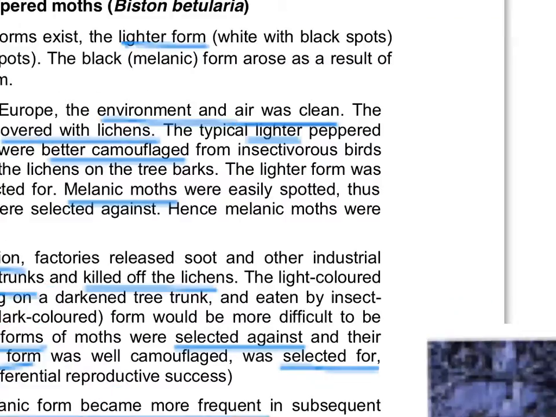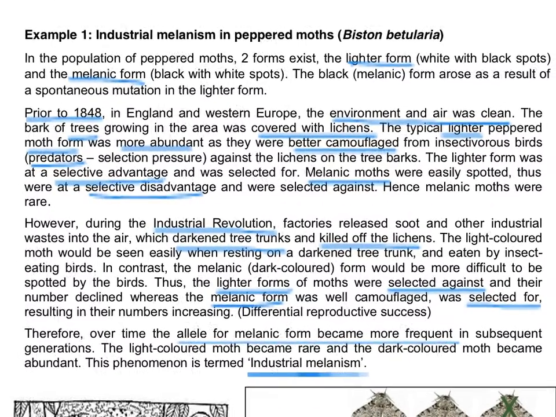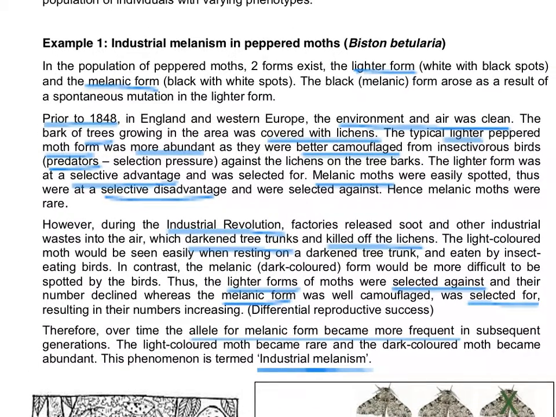So before the Industrial Revolution, the lighter form was more abundant because they were better camouflaged from the predators, and they were at a selective advantage, whereas the melanic moths were at a selective disadvantage.